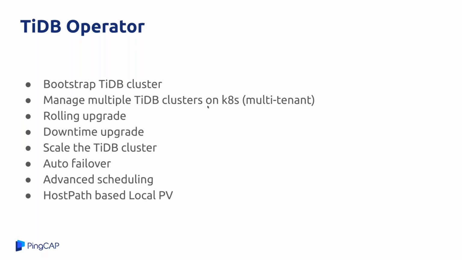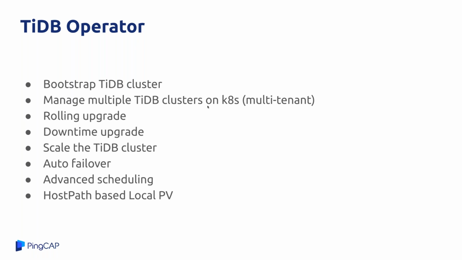And because of the nature of a distributed system, rolling upgrade is very hard. So we put automatic rolling upgrade into the TiDB operator, so you don't have to worry about how to manually rolling upgrade every component inside TiDB.